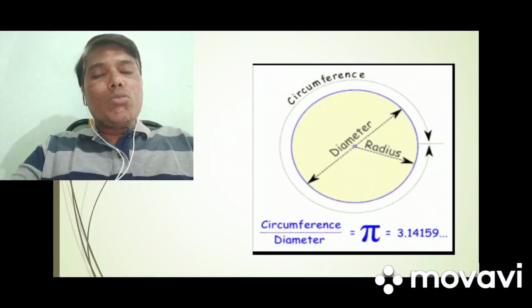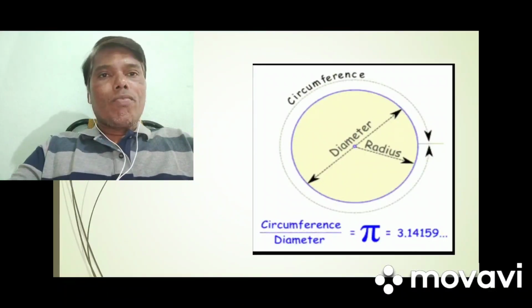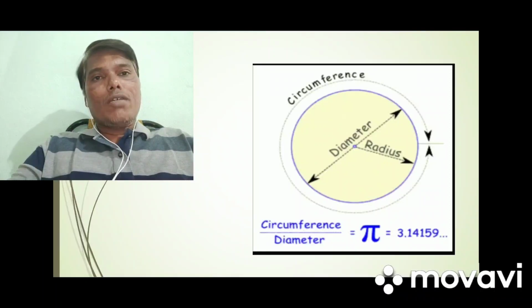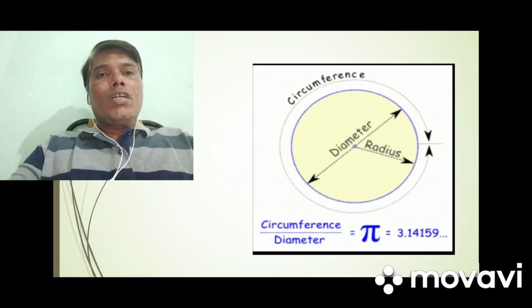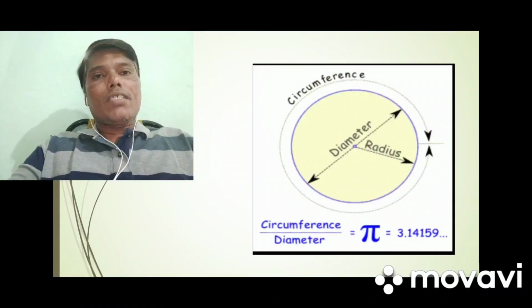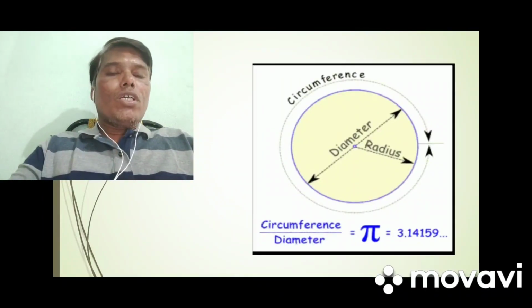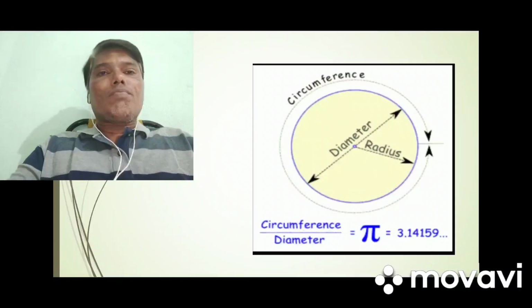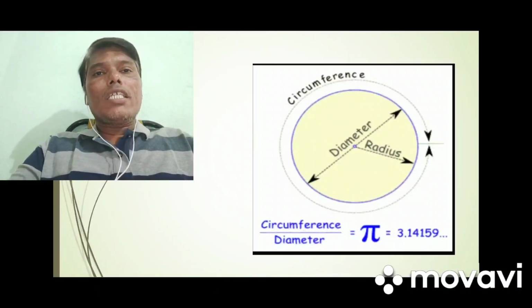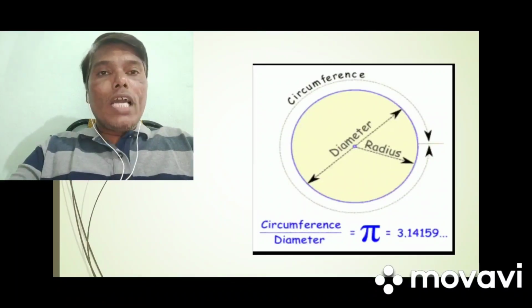But we use 22/7 as the value of pi to make calculations easier, because 22/7 in decimal form gives the correct value up to 2 decimal places, that is 3.14, which is very close to the value of pi, 3.14159.